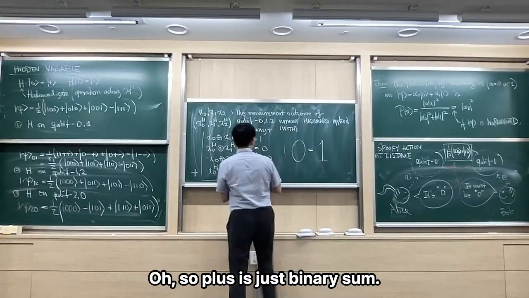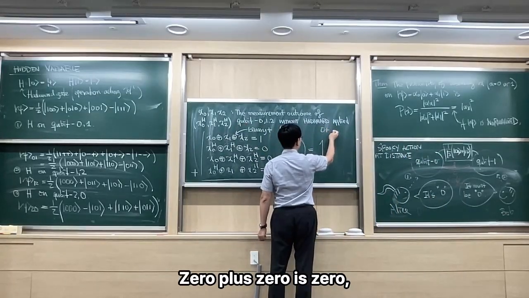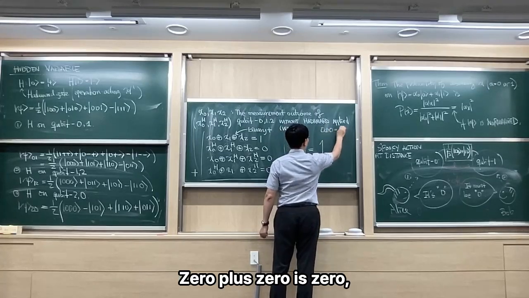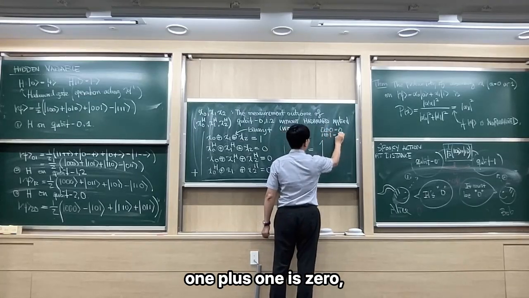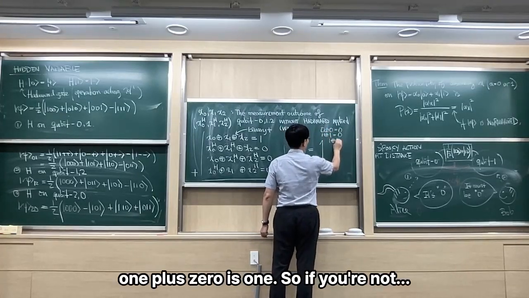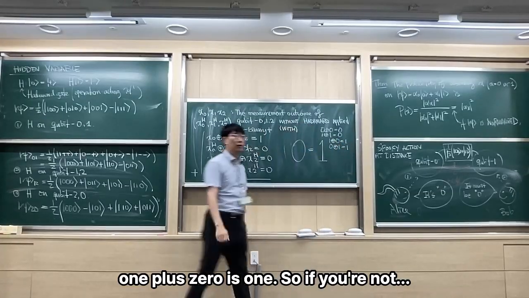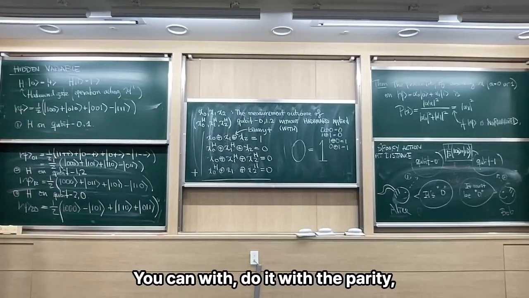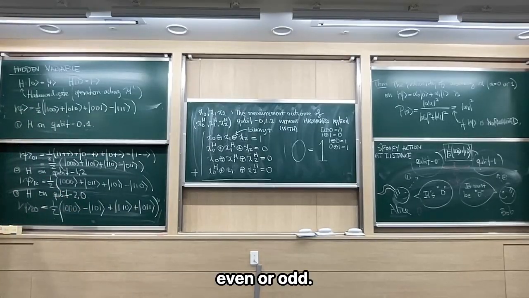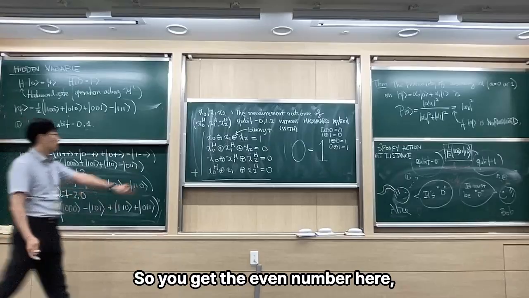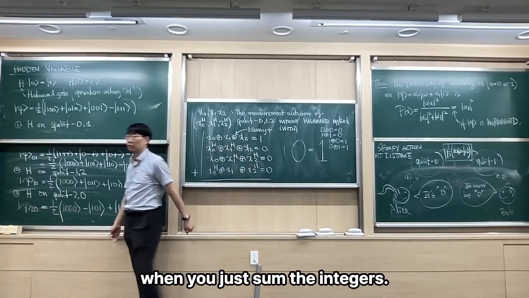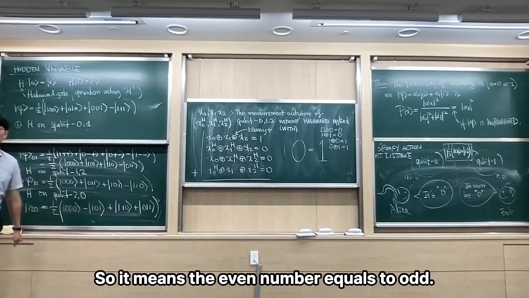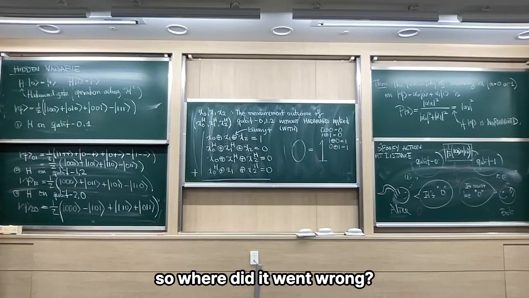Plus is just binary sum. 0 plus 0 is 0. 1 plus 1 is 0. 1 plus 0 is 1. There's nothing wrong with the binary addition. You can do it with parity, even or odd. You get an even number here and an odd number here when you sum the integers. So it means even equals odd. It doesn't make sense. So where did it go wrong?